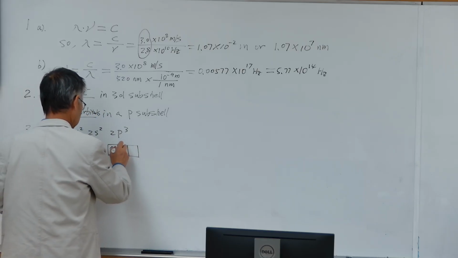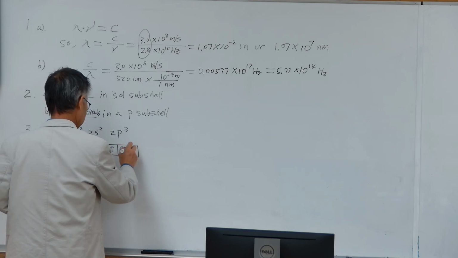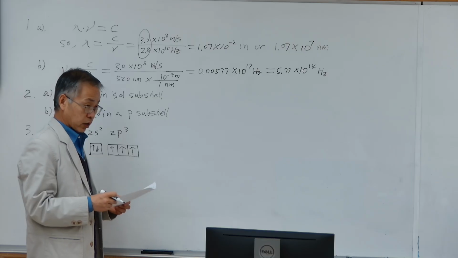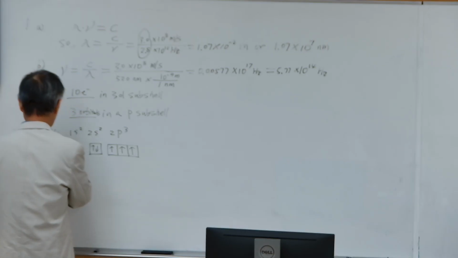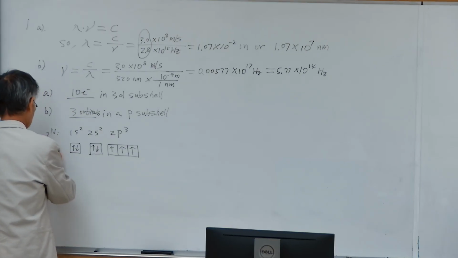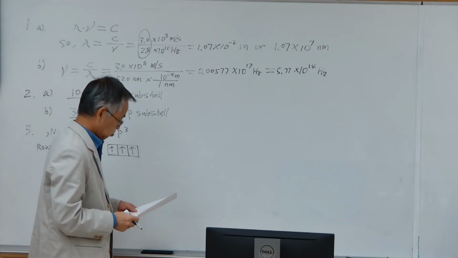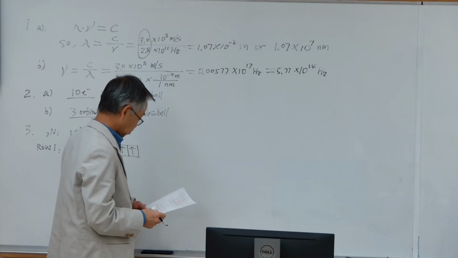So it should be 1 electron in each orbital in same spin direction. So your choice should be row 1. This is your choice. Okay.